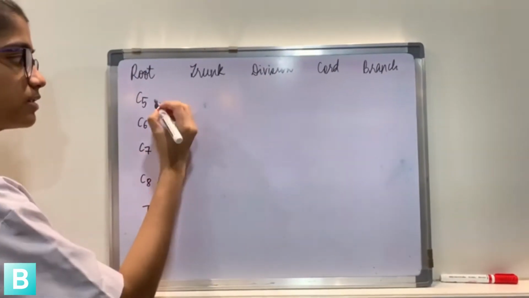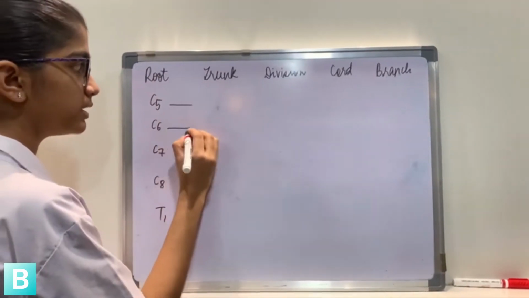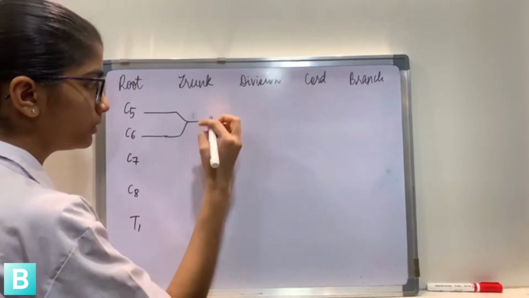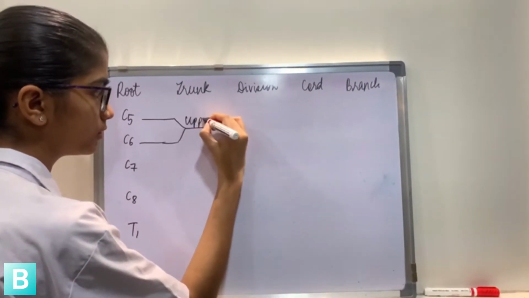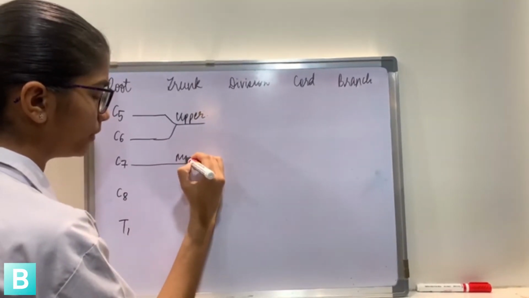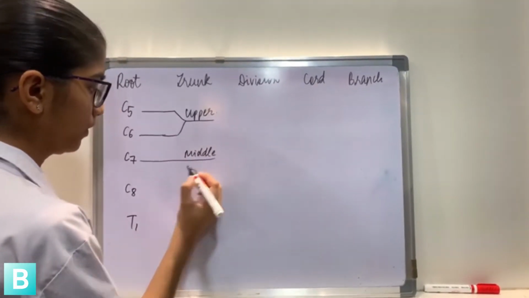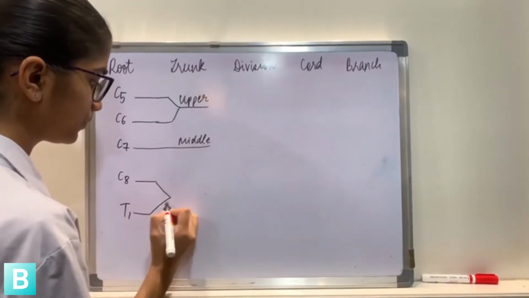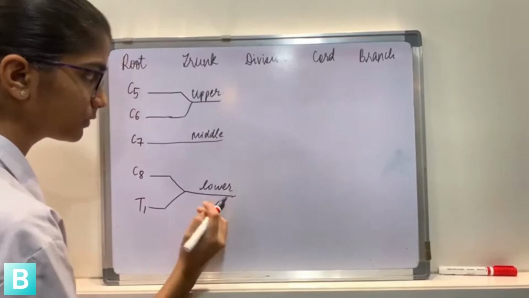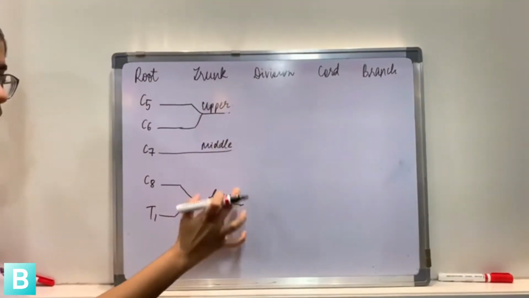Now what happens is, spinal nerves C5 and C6 both join to form the upper trunk. The C7 continues as it is to form the middle trunk, and C8 and T1 both join to form the lower trunk. We have three trunks, upper, middle and lower.